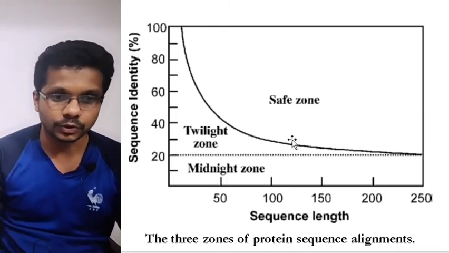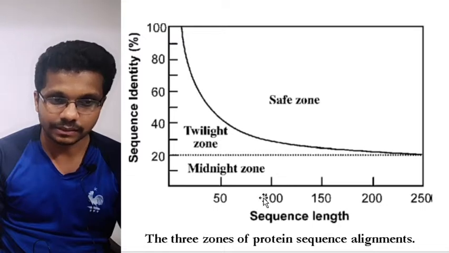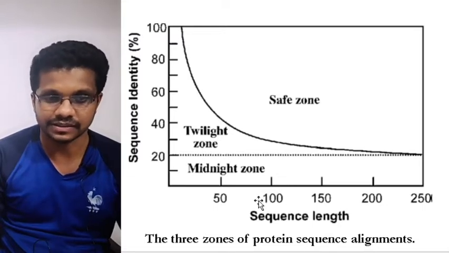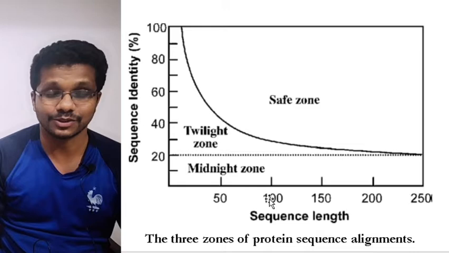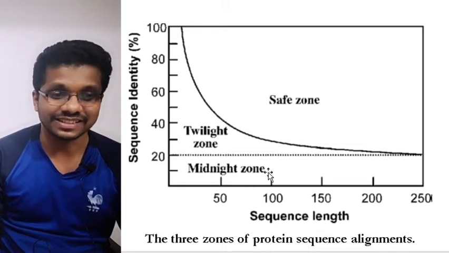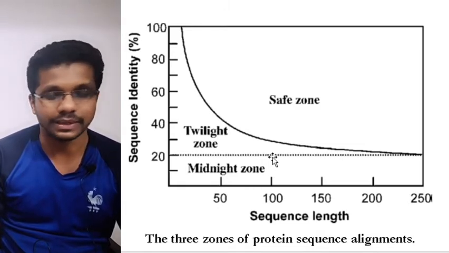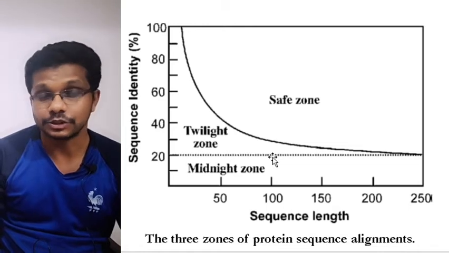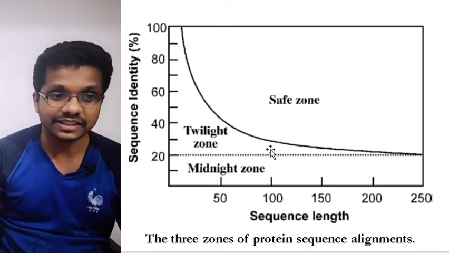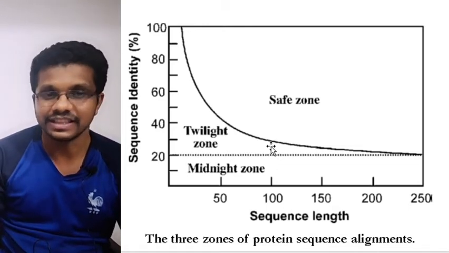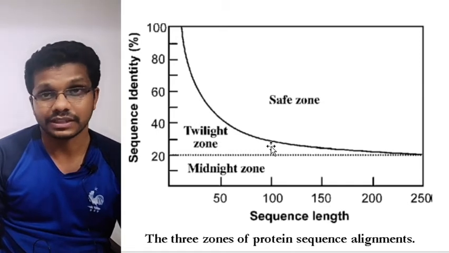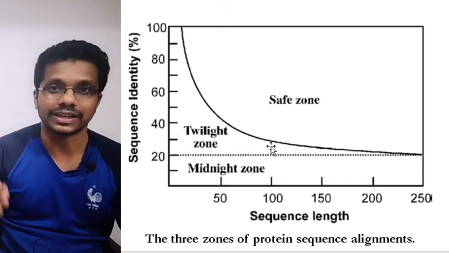If we take an example of two different sequences of 100 base pairs, if it has a similarity of 20 percent, we cannot believe the data. The data is due to random chance. If it has 25% similarity, it's in the twilight zone. We are not sure whether it is a true similarity or due to random chance.